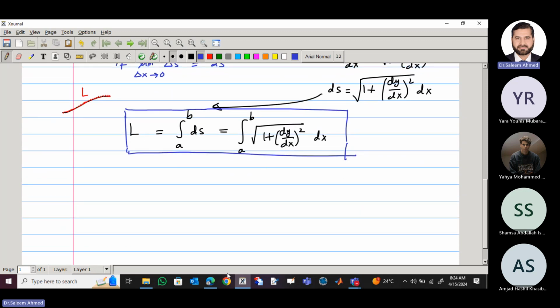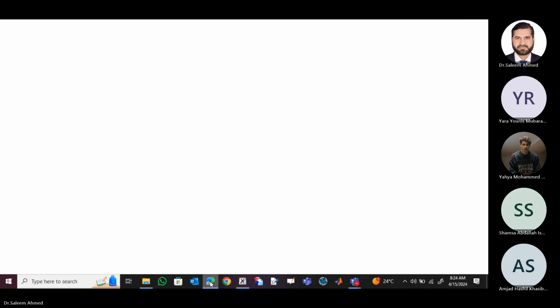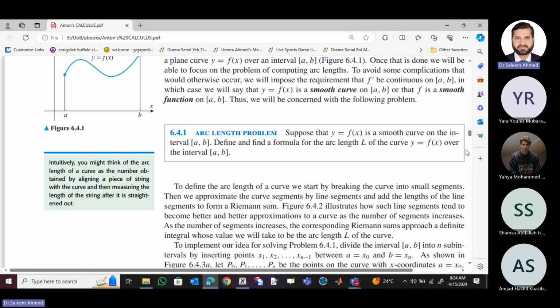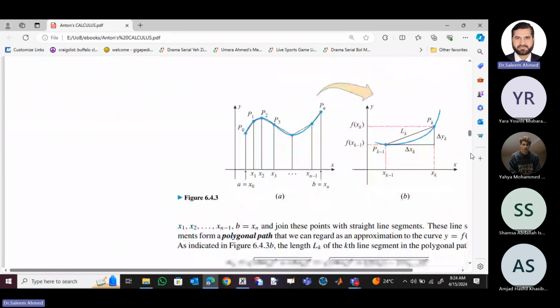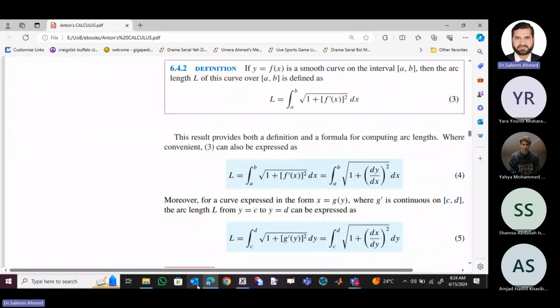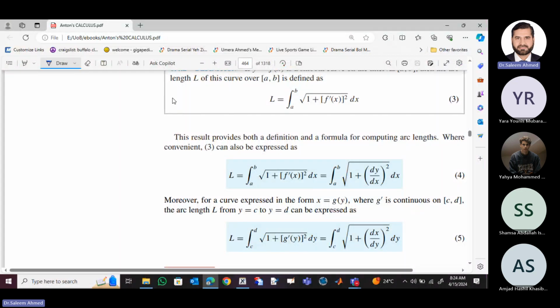So let's see an example. I can show you the formula here. I wrote dy by dx, and f prime is the same thing. If y is f of x, then of course dy by dx is f prime of x. So either you can write f prime here or dy by dx here, same thing, right?